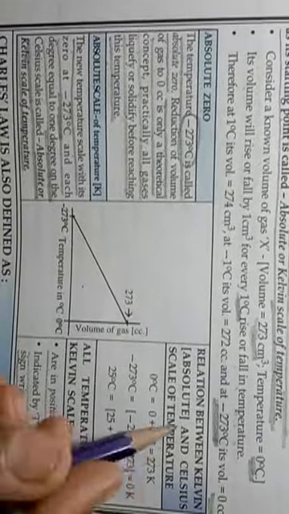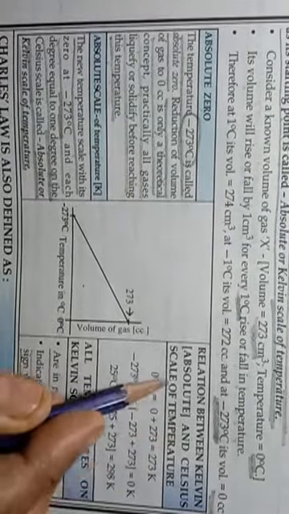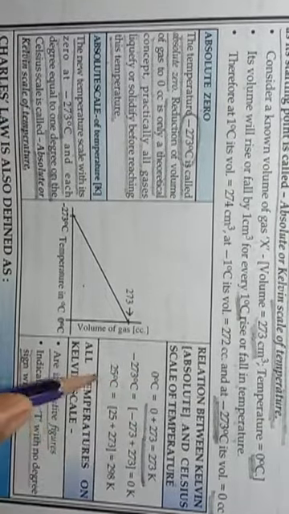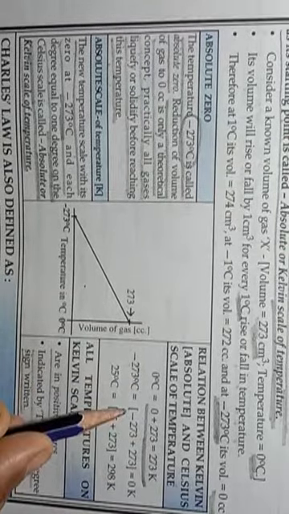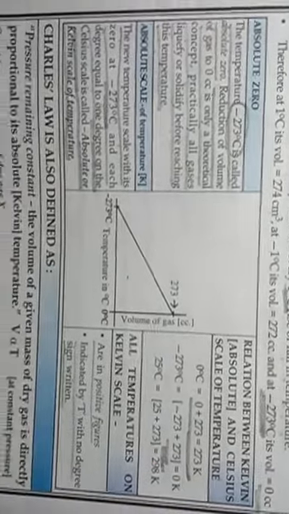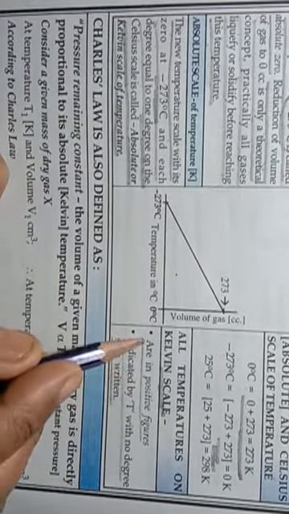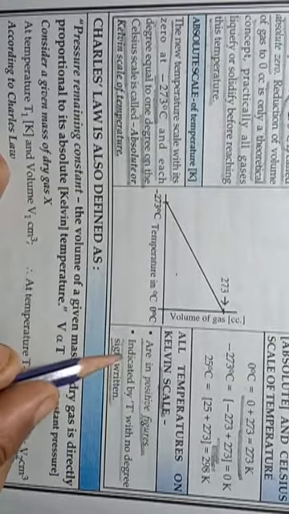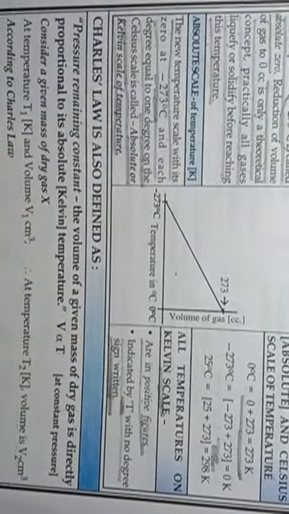What is the relation between the Kelvin and Celsius scale temperatures? 0 degrees Celsius equals 0 plus 273, and in the same way minus 273 degrees Celsius equals minus 273 plus 273, and so on. What is the significance of the Kelvin scale? First, the temperature is in positive figures, and this is indicated by capital T with no degree sign written.